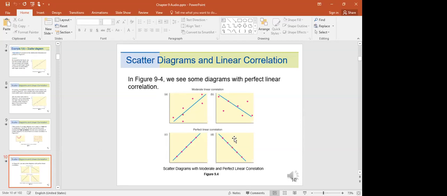Let me give an example. Suppose you want to look at the relationship between the time a student spends studying and his score in a test. You might feel that there is a positive relationship, meaning the more the student studies, the higher his score on the test is going to be.